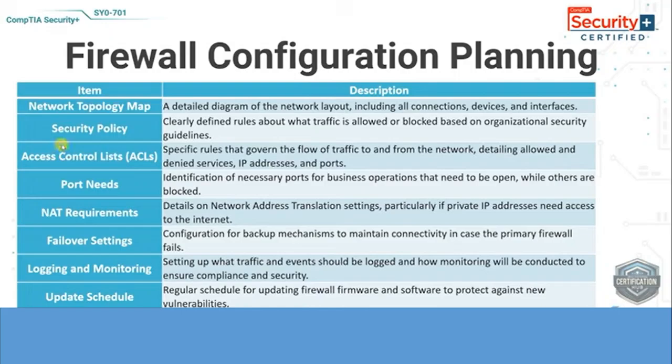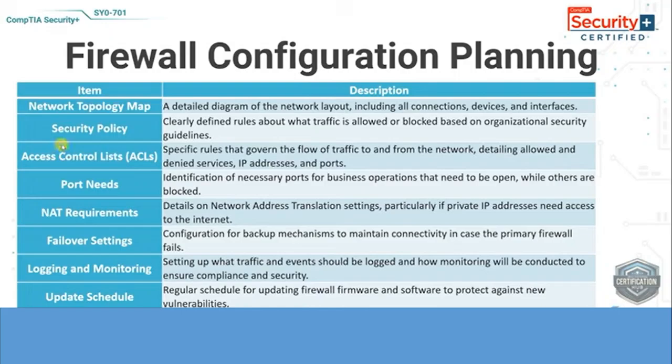Firewall configuration and planning. Here we have, first, the network topology map; second, the security policies, access control list, port needs, NAT requirement, firewall details, failover setting, logging and monitoring, and update scheduling.